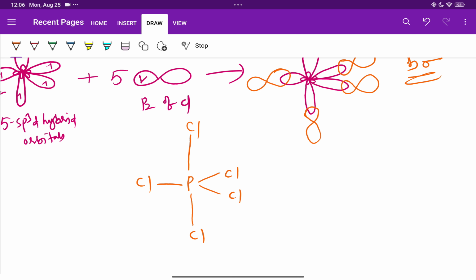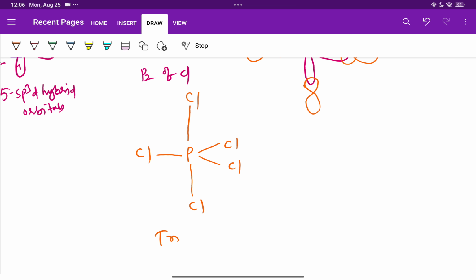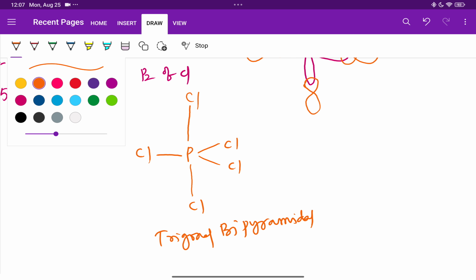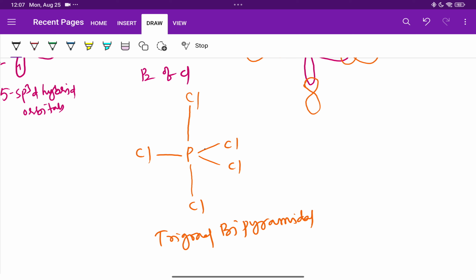So this is the trigonal bipyramidal shape of PCl5. Here the bond angles are very important: you can write 120 and here you can write 90. These 3 chlorines are called equatorial chlorines. So equatorial chlorines are 3.